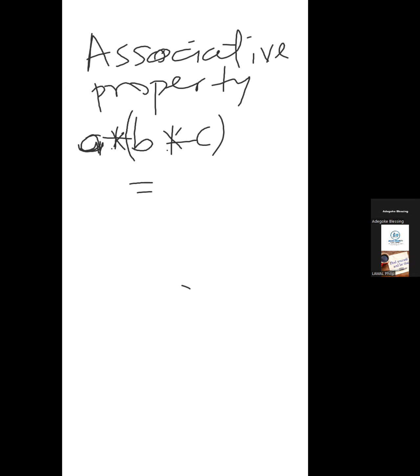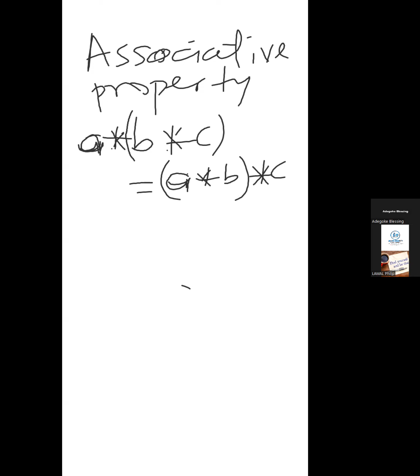It must be equal to A star B, then all into brackets star C. Once we are able to establish this condition for any binary operation star, then we say that the binary operation is associative. That is when we prove that it is associative.